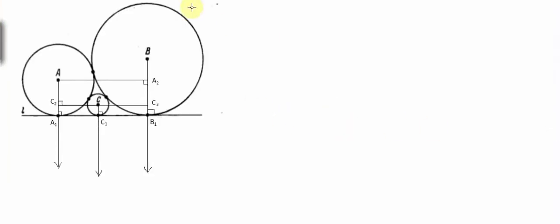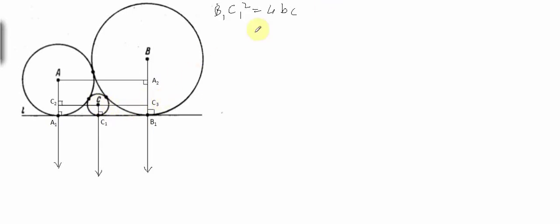We will now show that B1 C1 square is equal to 4BC. This is what we are going to prove. So where is B1? B1 is here, and B1 C1 is same as C3.